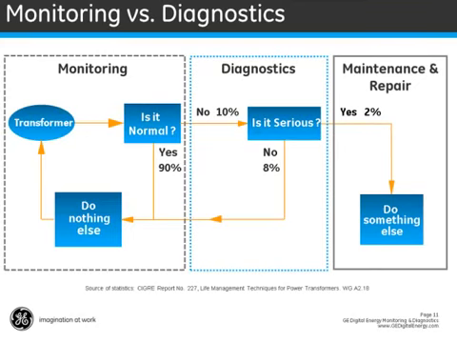So now we'll take a look at the difference between offline versus online. When we look at offline, in nature, this is something that is done periodically. It's something not done continuously. Let's take DGA as an example, which is an offline laboratory test.